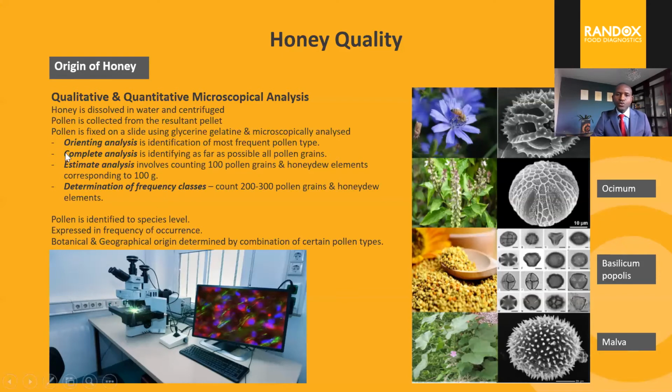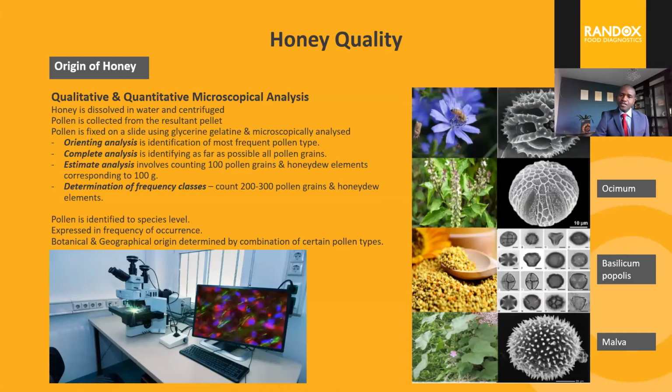So there's what you call the orienting analysis in the identification of pollen frequency. There's complete analysis, identifying as far as possible all pollen grains that are there. And then you can also do an estimate analysis, which involves counting 100 pollen grains of honeydew elements corresponding to 100 grams, and then making your score.